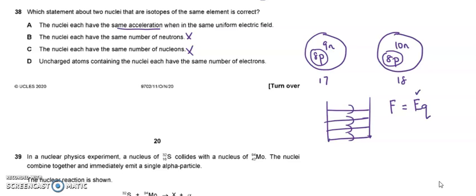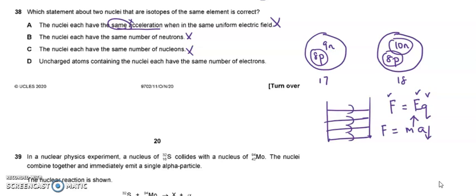This is constant, and this is constant because 8 protons, both also the same, so they have the constant force. So force is also equals to MA. So for the one with a greater mass, which is the 10 neutrons, it will have a smaller acceleration. So they will have a different acceleration, not the same acceleration.